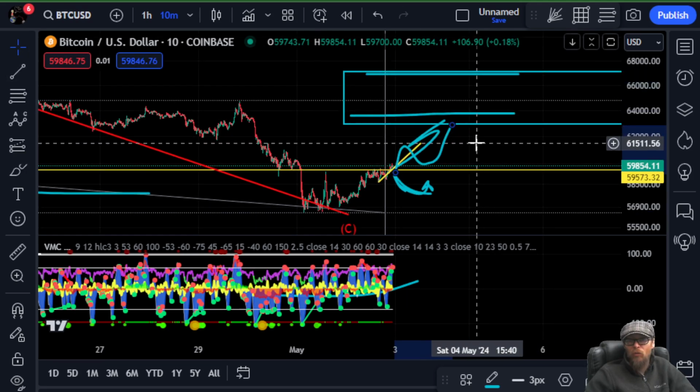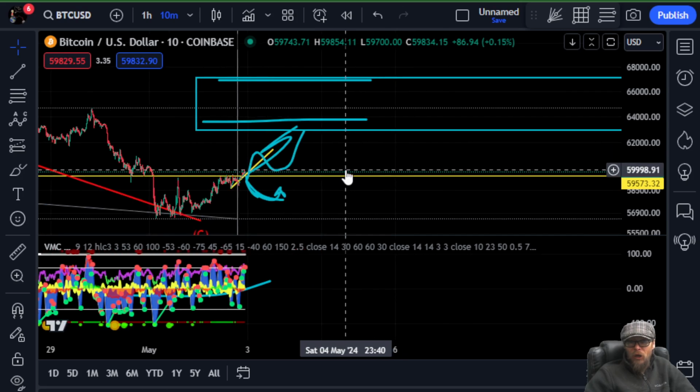And then we'll be watching that pullback. So that's what I'm looking at on Bitcoin.